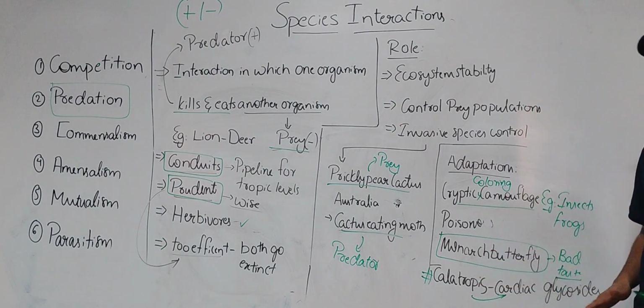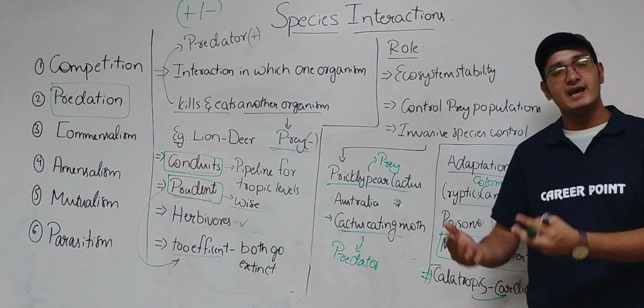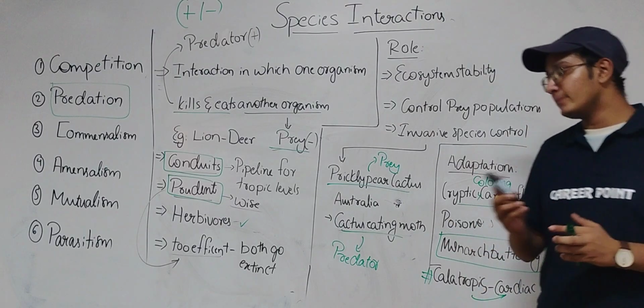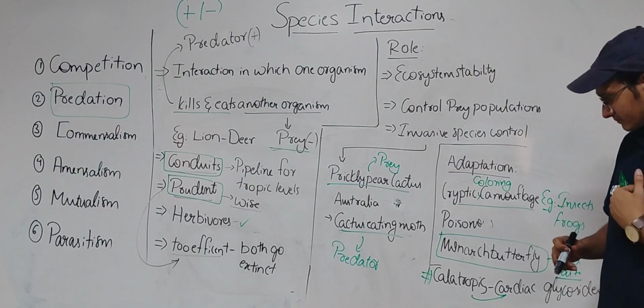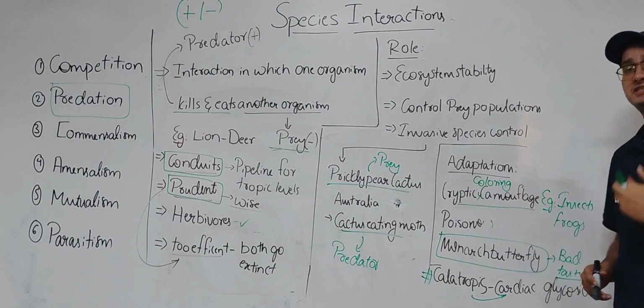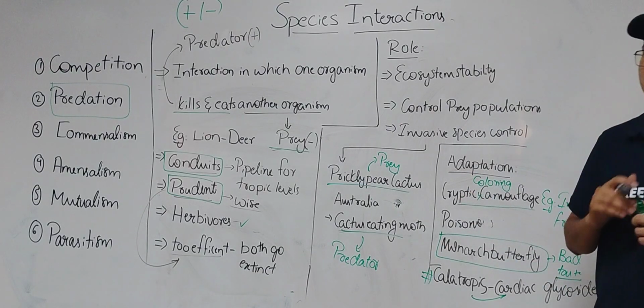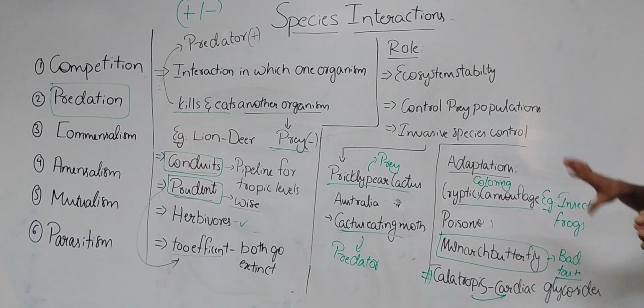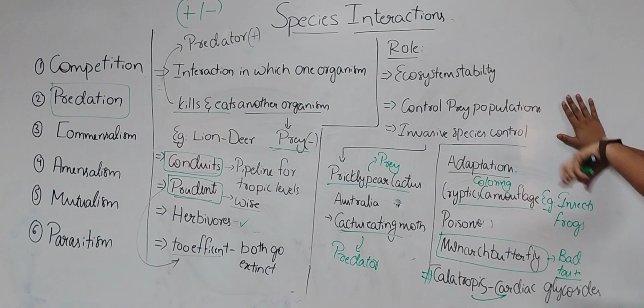Not only Calotropis, there are different kinds of plants that have chemicals in the body, so they avoid the predators. And coming to animals, they have a special type of hiding nature, camouflage, which means if there is a white insect on this board, we cannot see it.